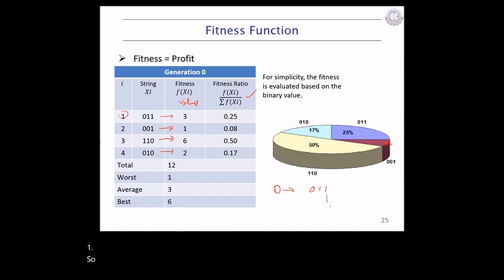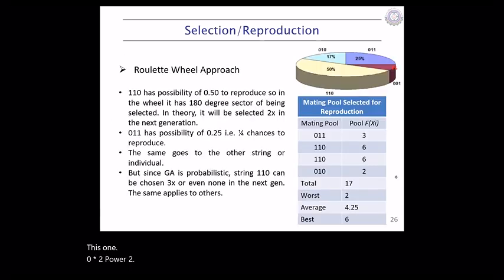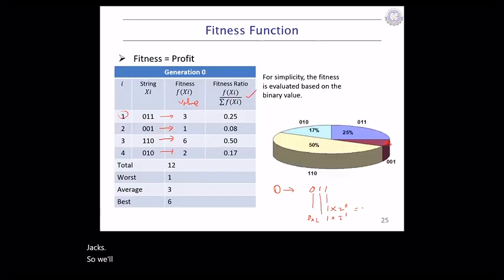So this one is actually 1 times 2 power 0, and this one, 1 times 2 power 1, and this one, 0 times 2 power 2. So we'll get 1, 2, and 0, right? So this one is equal to 3.